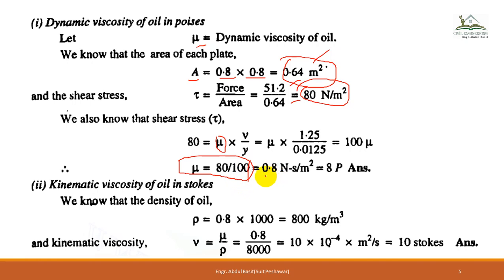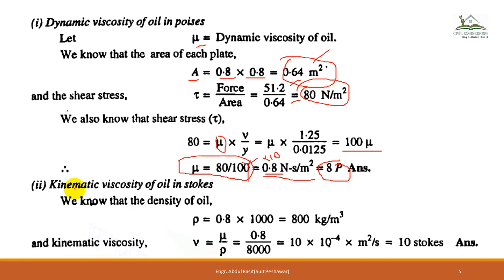This will be 8 Newton seconds per meter square. This will be now in poise. This is the requirement of the equation, so no need to adjust it. Here it is multiplied by 10 to convert it to poise.